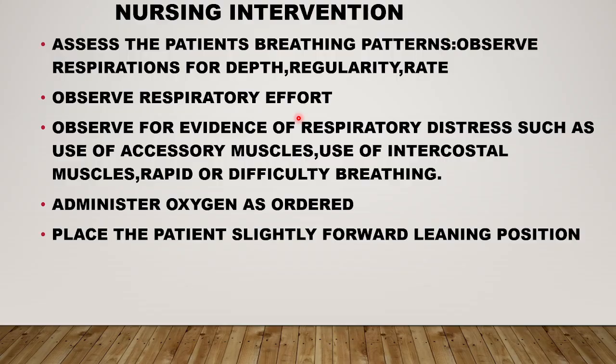Observe respiratory effort. Observe for evidence of respiratory distress such as use of accessory muscles, use of intercostal muscles, rapid or difficulty breathing. Administer oxygen as ordered. Place the patient in a slightly forward leaning position.